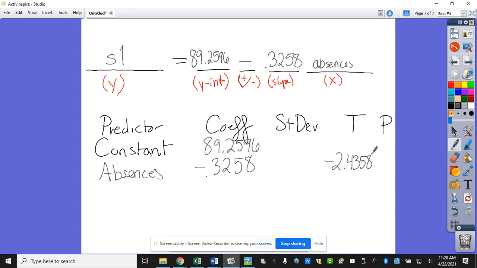So this is our test statistic from our equation. Then what's beside of it? P-value. Now, this is something really important. What do you think is going to go here? That's our standard error of our slope. If it were given, that's where it would be. This is our test statistic.